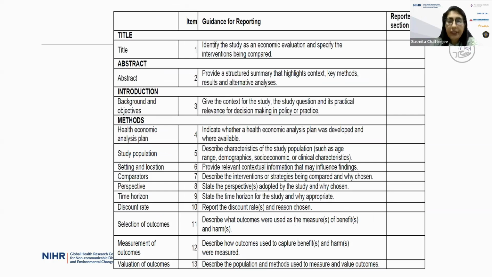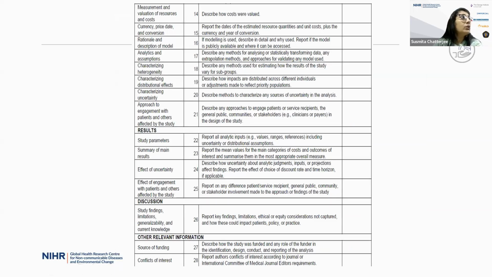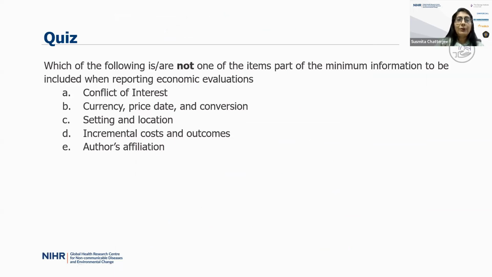So I will be sharing this checklist with you, and you have to ensure that when you do this kind of analysis, you follow this checklist. Whichever is not applicable, which you are not doing, you say that this was not done, but you have to mention this.